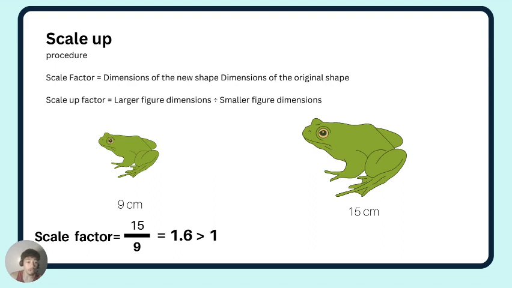This scale up factor is always greater than 1. So 1.6 is greater than 1, and so we find a scale factor that is greater than 1.